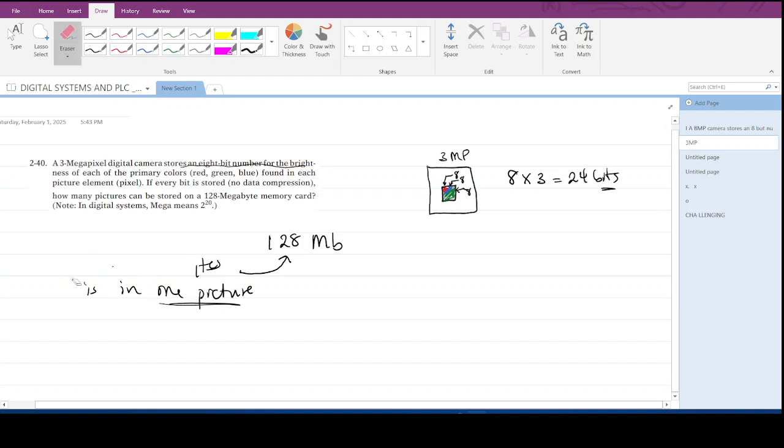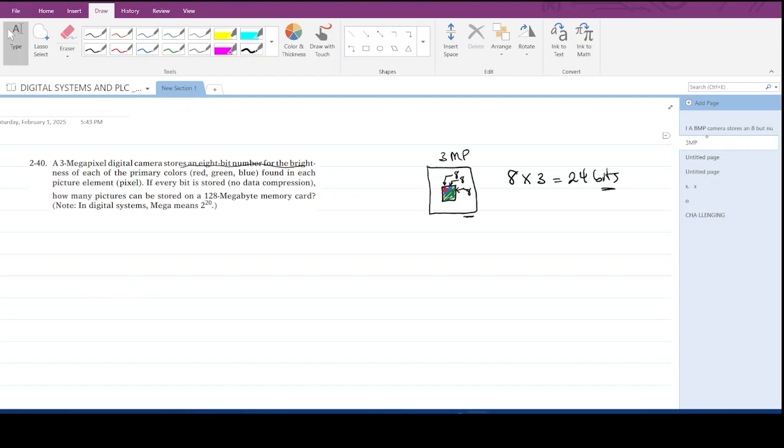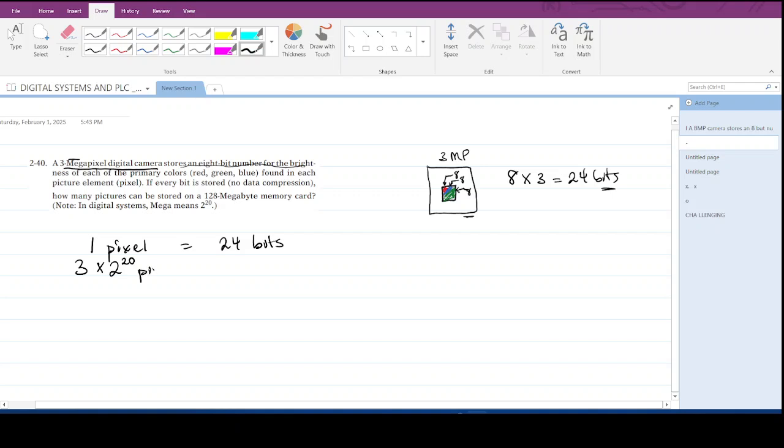So first, I'm going to work on finding how many bytes I even have in one picture. The first information we are given is how many bits are in one pixel: 24 bits. And remember this 3 megapixel digital camera that I said to take note of. It means that in this camera, one picture has up to 3 megapixels, where mega is represented as 2^20 pixels.